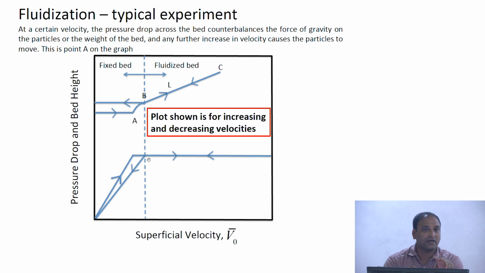If I take spherical particles, the porosity that you get when you decrease the flow rate is typically around the same value. That's the reason why people choose the second cycle, where you decrease the flow rate, and that point B, where you start seeing the flat line which corresponds to the packed height, is the point you should choose for the minimum fluidization velocity.